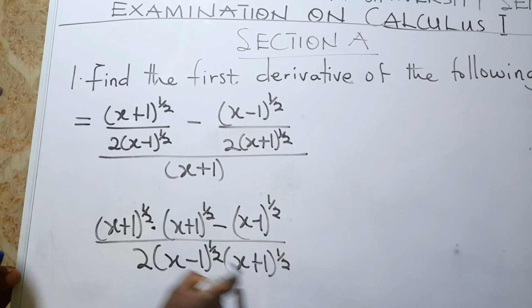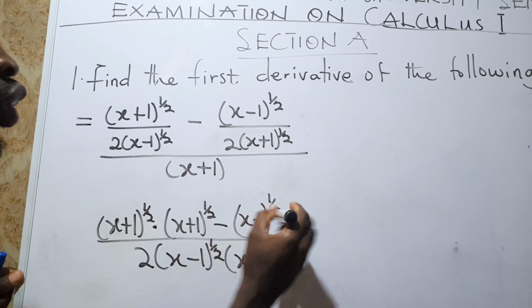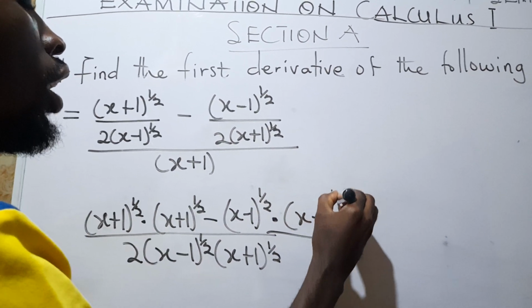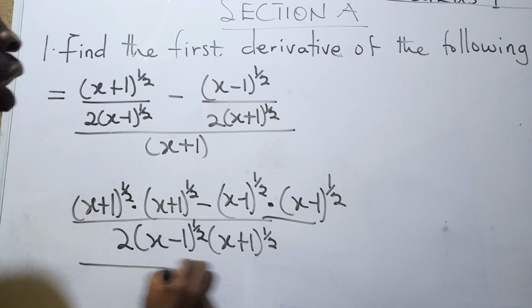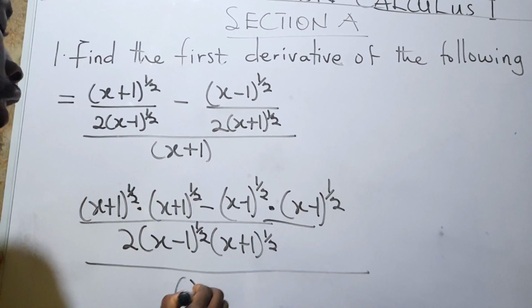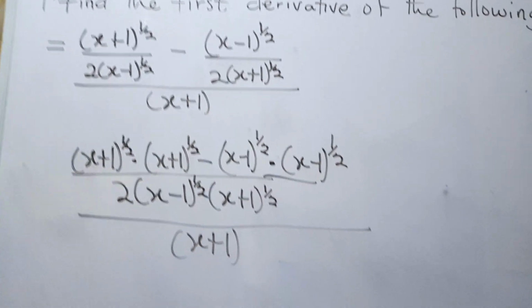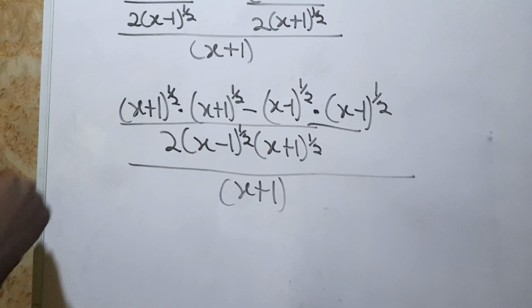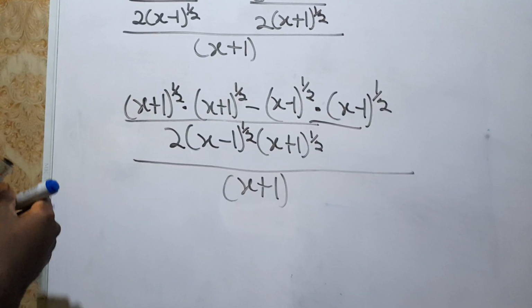Then if this divides this, it will be left with this. So it will multiply this, so times (x minus 1) exponent half, all over our x plus 1. So this is indices. Remember, when two indices are multiplying, the bases are the same, we just add the exponents.